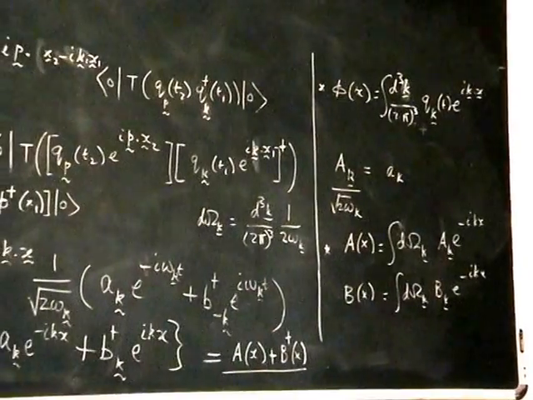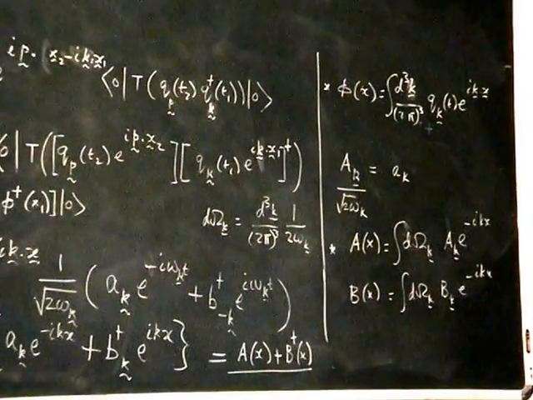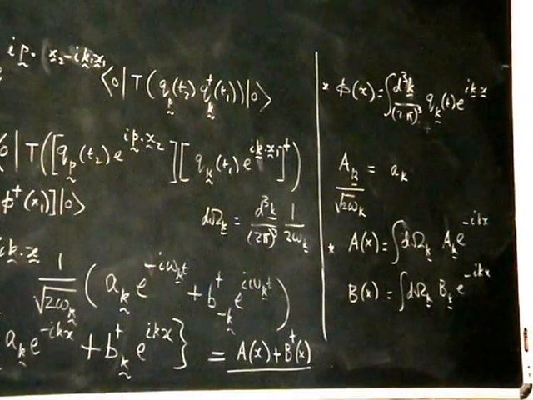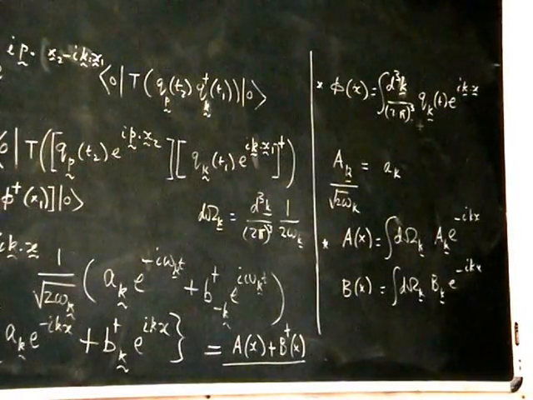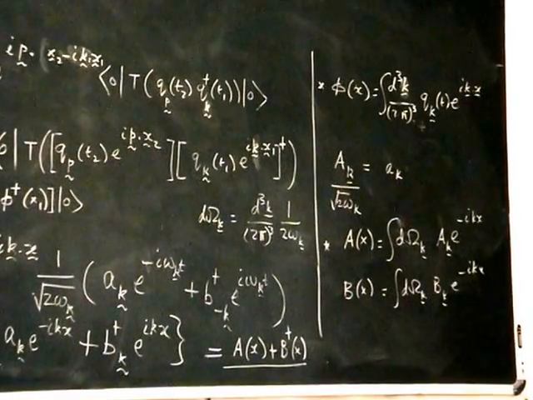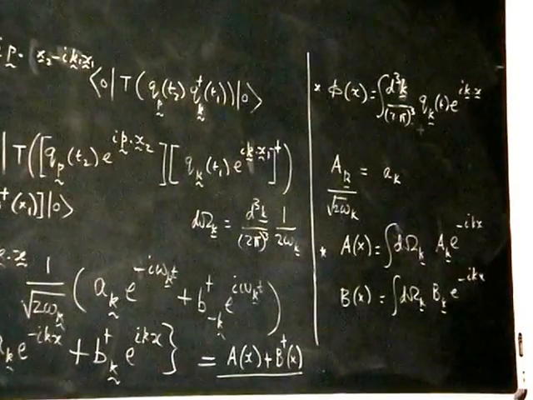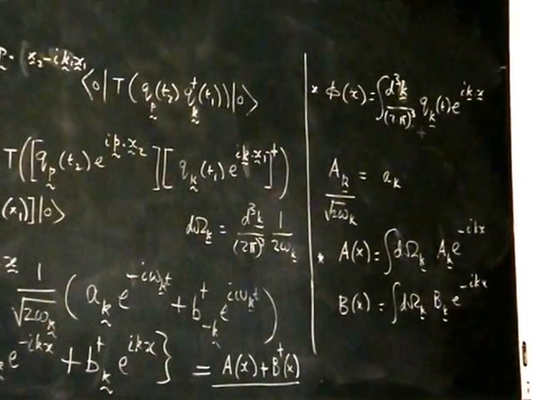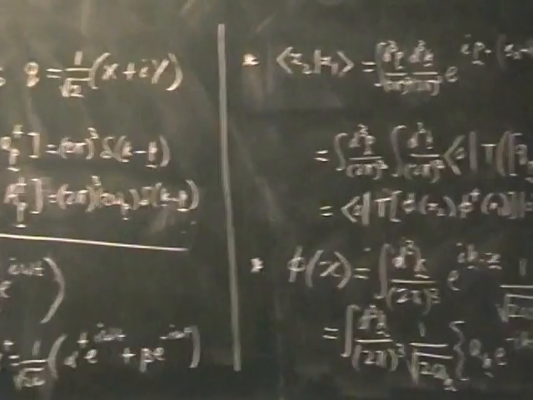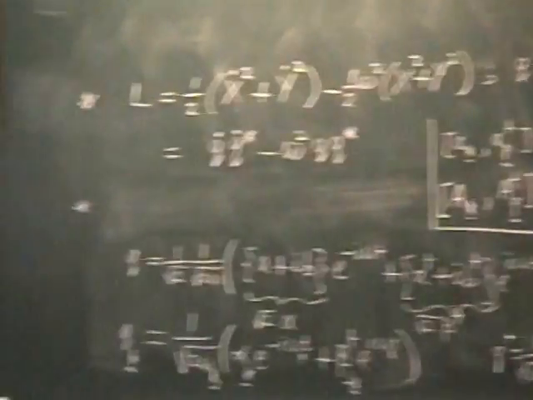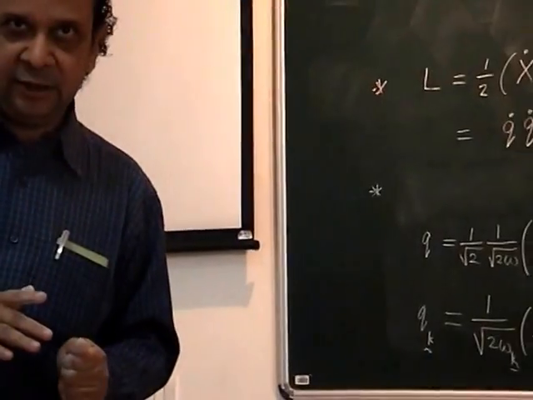Just think about it. We started with harmonic oscillators. Harmonic oscillators know absolutely nothing about Lorentz invariance. Then we computed the vacuum expectation value of the time-ordered product of two harmonic oscillators. Sure, harmonic oscillators go as e to the minus i omega t. Then there is an e to the ip dot x when you do the inverse transformation.